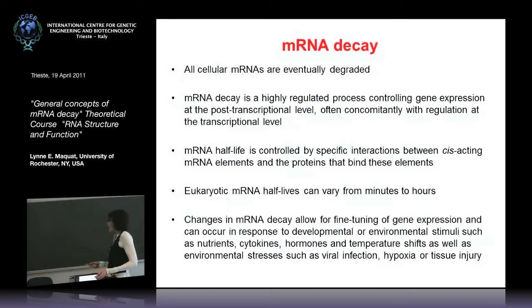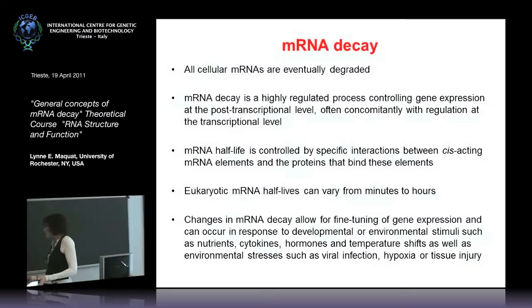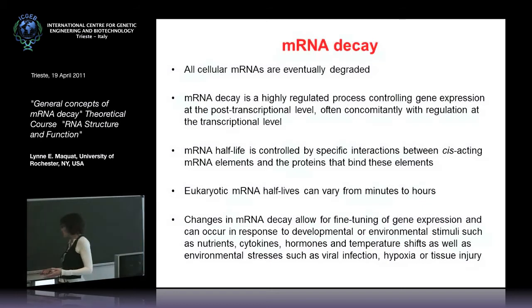Changes in mRNA decay allow for the fine-tuning of gene expression, and they can occur in response to developmental or environmental stimuli such as nutrients or cytokines, hormones, temperature shifts, as well as environmental stressors.